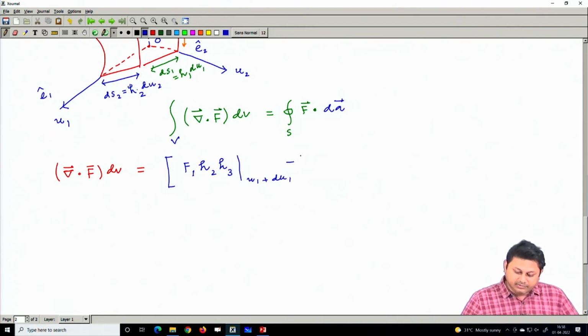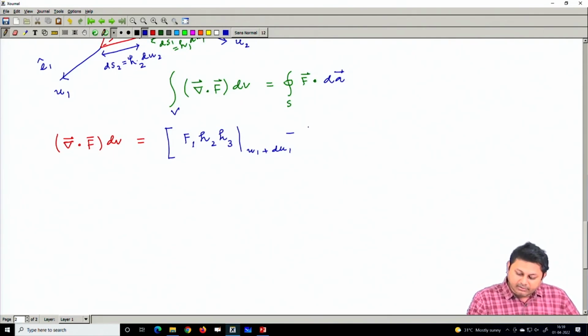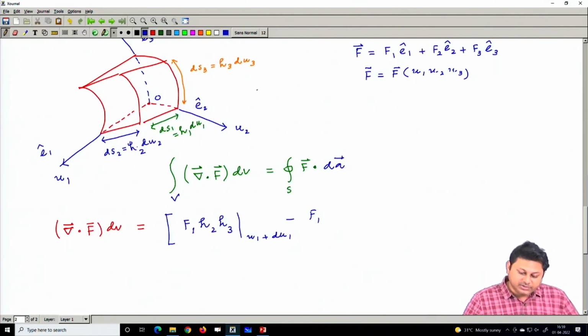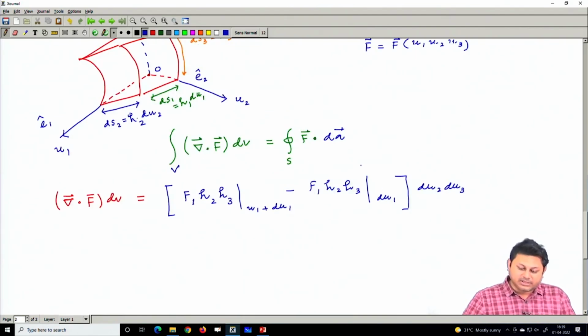Then another surface, the opposite one, is sitting here in this region. So, I can write f1, the negative sign is because now the direction of the surface is reversed. So, I should have h2 the scaling factor, h3 the scaling factor, but I am going to evaluate at u1, and then I have the surface because du2 and du3 is the surface element if I just multiply.